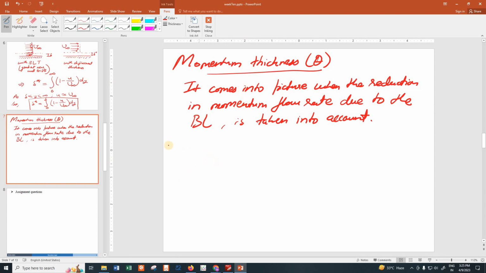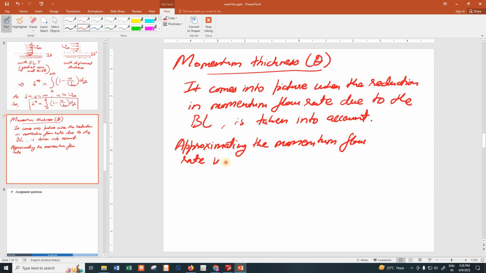So one can write several cases. It can be approximated as the momentum flow rate without the boundary layer.